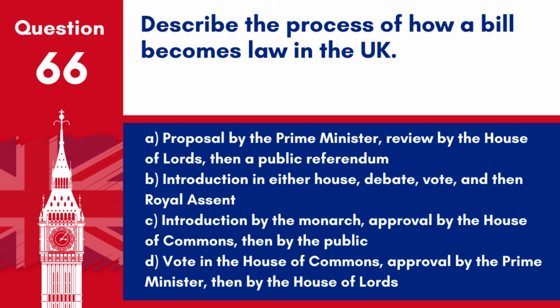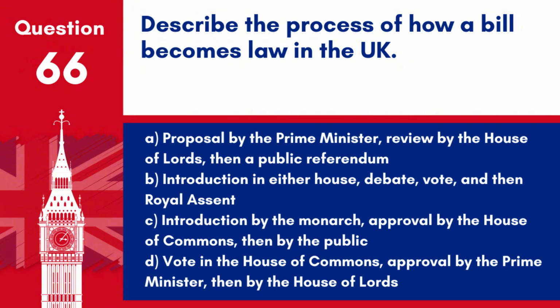Question 66. Describe the process of how a bill becomes law in the UK. A. Proposal by the Prime Minister, review by the House of Lords, then a public referendum. B. Introduction in either House, debate, vote, and then royal assent. C. Introduction by the monarch, approval by the House of Commons, then by the public.